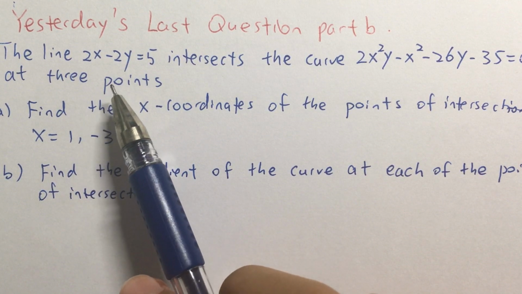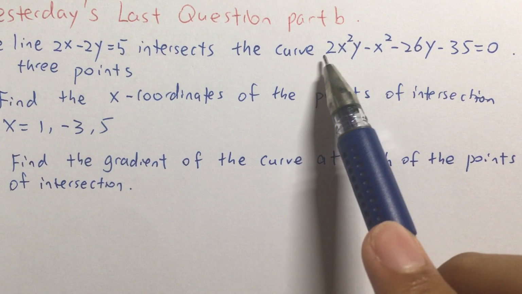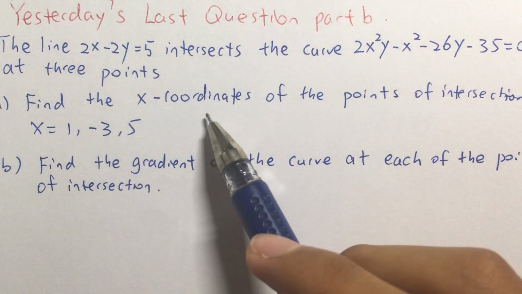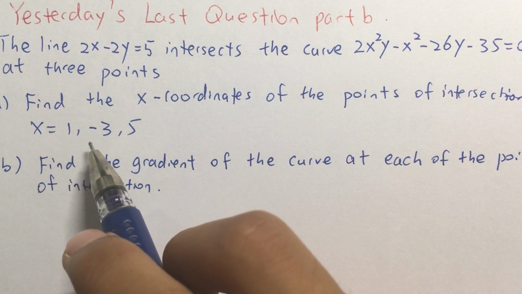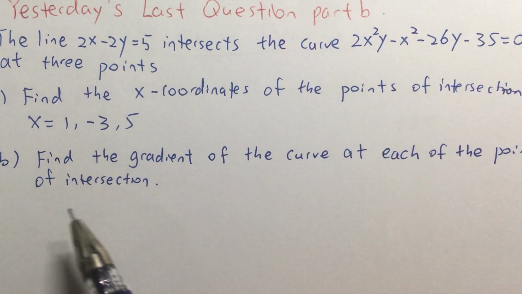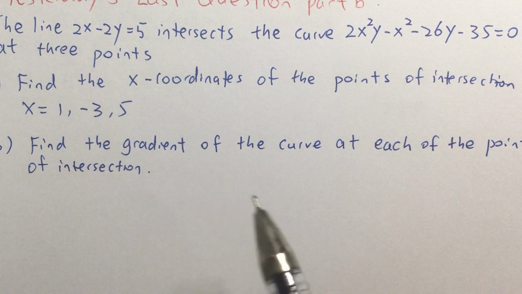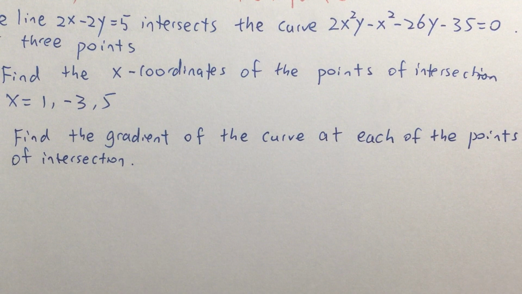So now let's read the question again, which is: there is a line that intersects a curve at 3 points, and now we have got the x coordinates, which are x equal to 1, negative 3, and 5. So now let's look at part B, which is to find the gradient of the curve at each of the points of intersection.